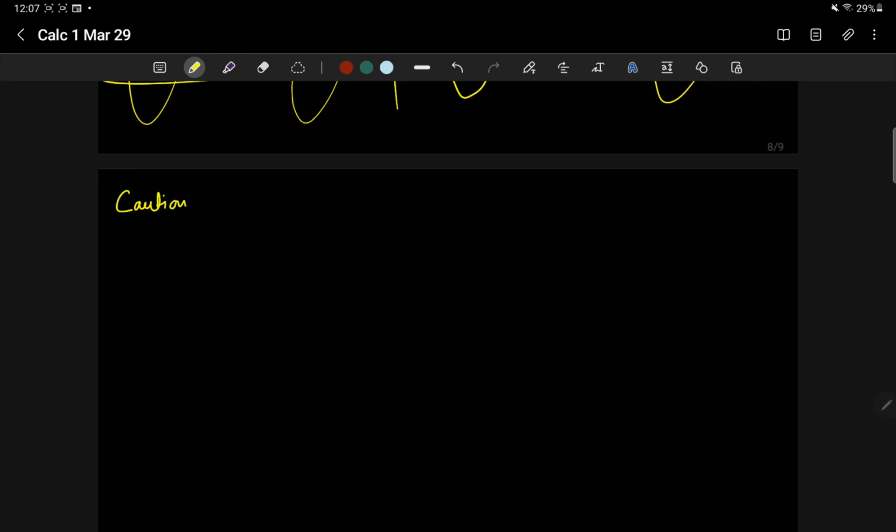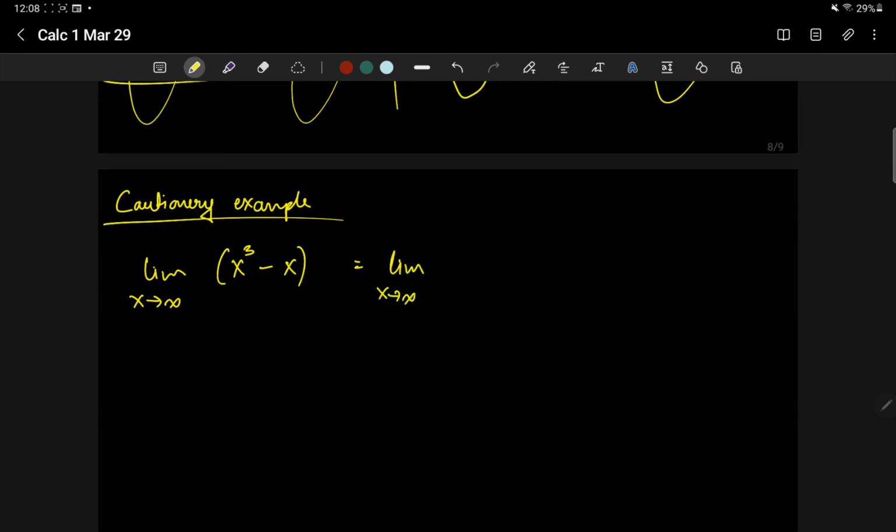Here's a cautionary example. The limit as x goes to infinity of x cubed minus x. Now if I say that this is the limit of x cubed minus the limit of x, which is infinity minus infinity, is 0, this is wrong.